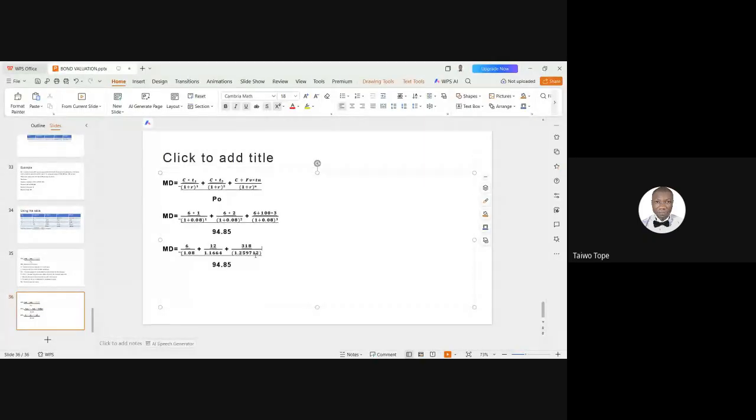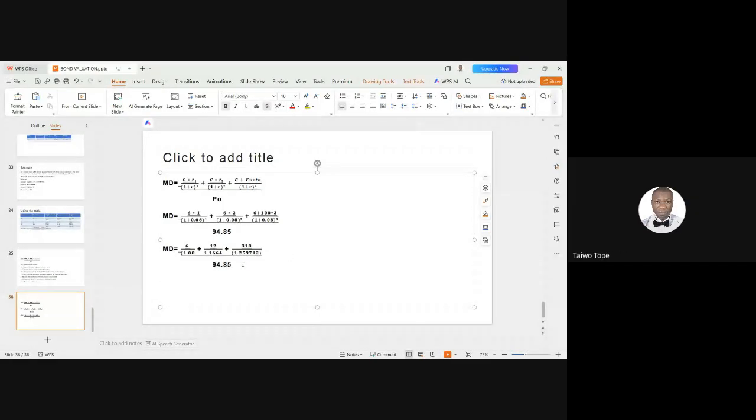And if we go further, what will happen? 6 divided by 1.08. That will give you what? 5.555. Okay, let's do 2 decimal places: 5.56.